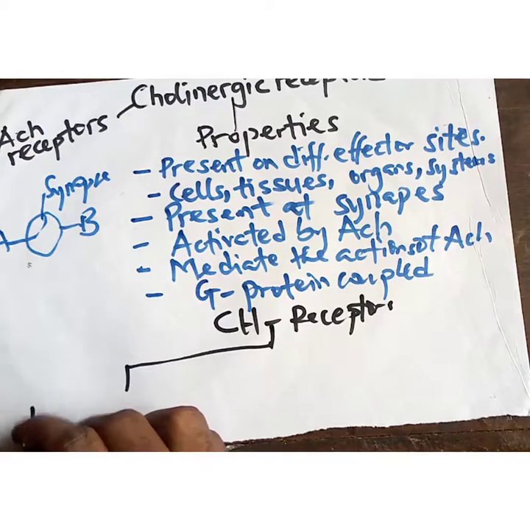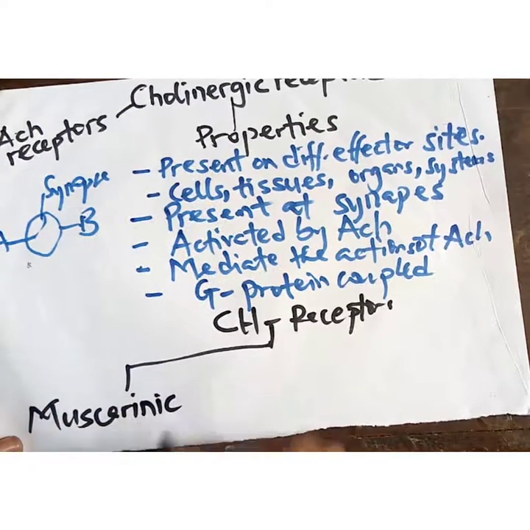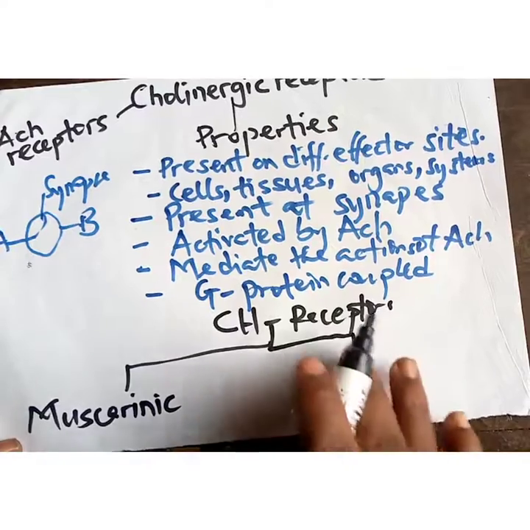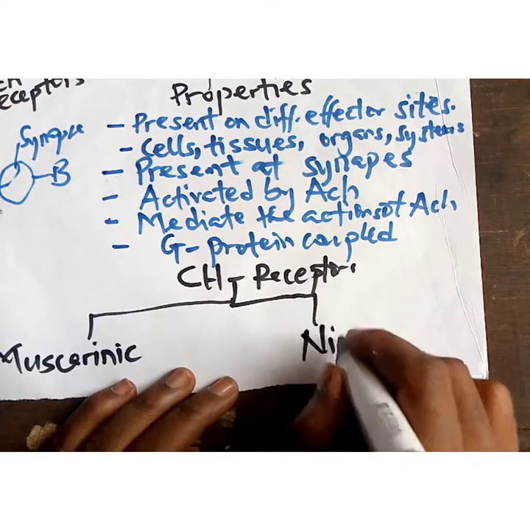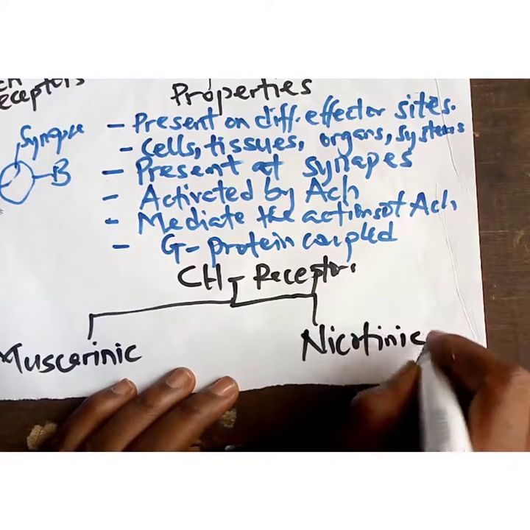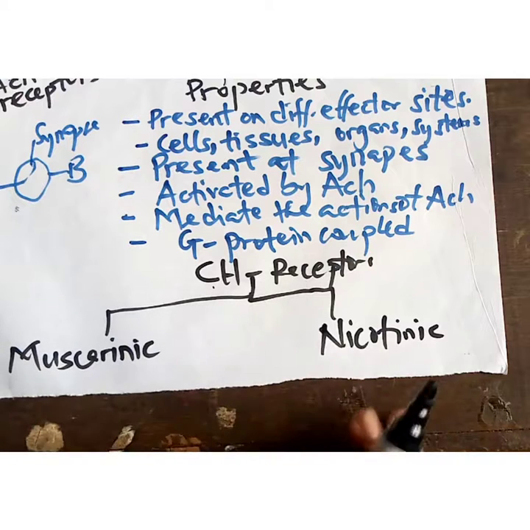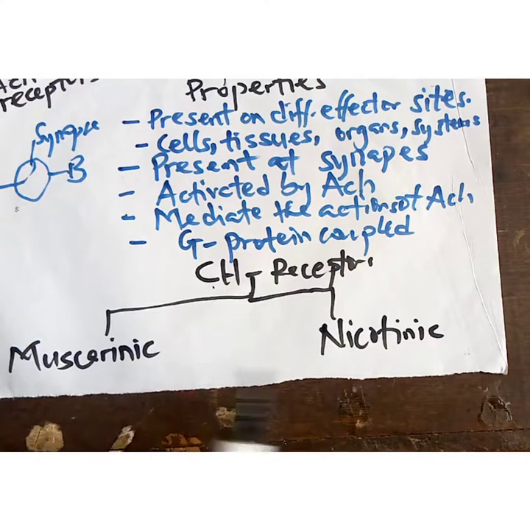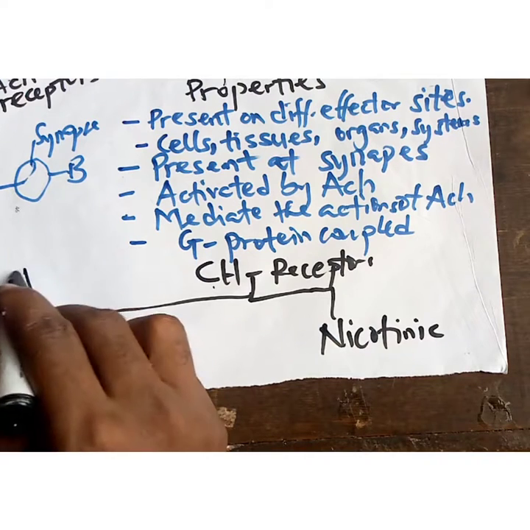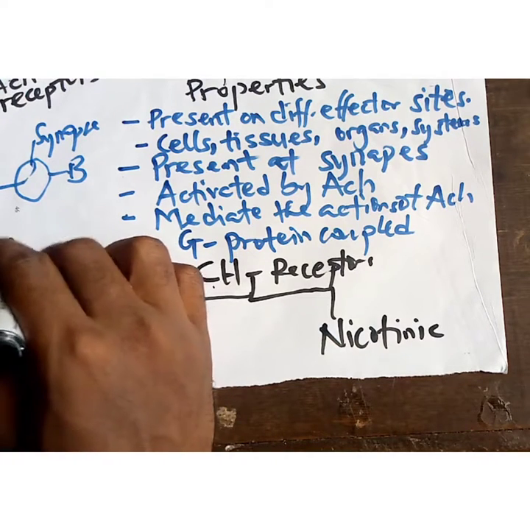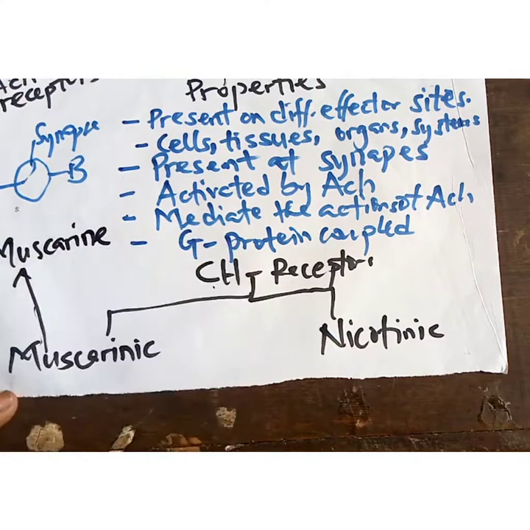We have the muscarinic receptors and the nicotinic receptors. So cholinergic receptors are broadly divided into two major groups. The muscarinic receptors were found to be activated by an alkaloid called muscarine.